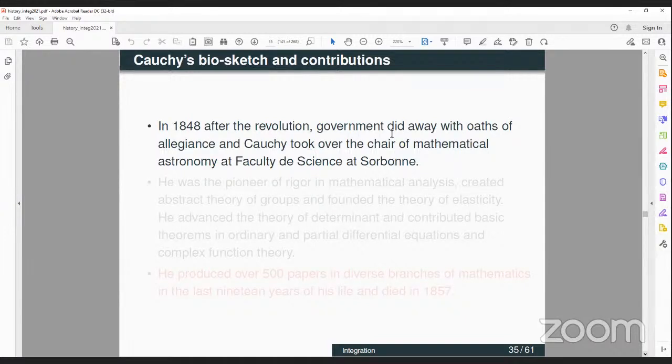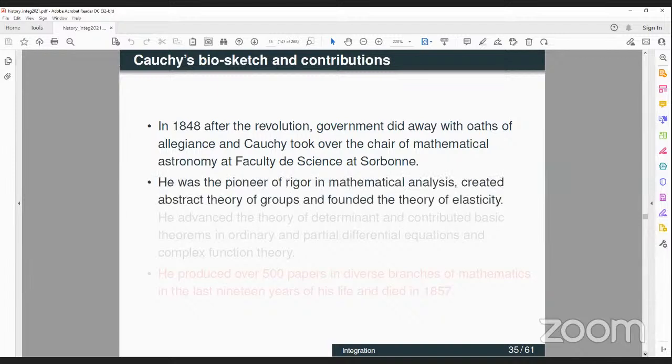In 1848, after the revolution, the government did away with all the oaths people had taken. So he took over the chair of mathematical astronomy at the Faculté des Sciences. Here is an important thing.